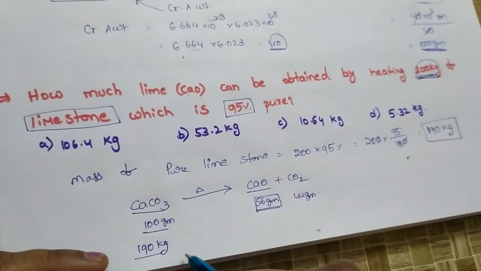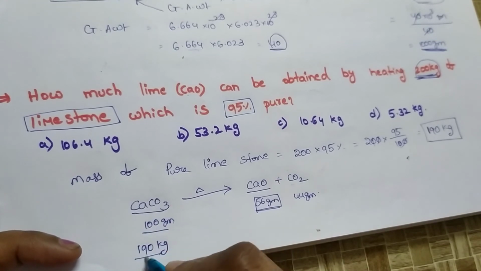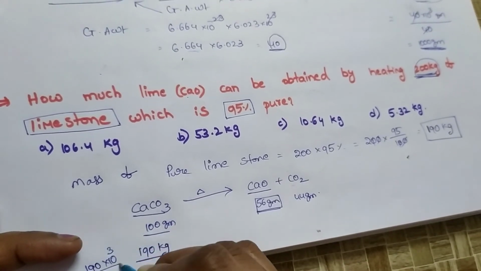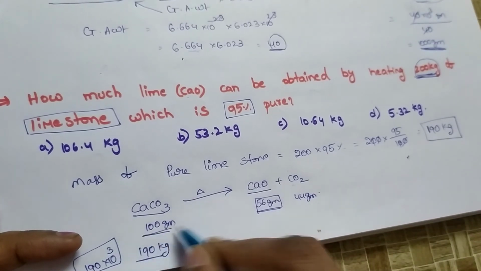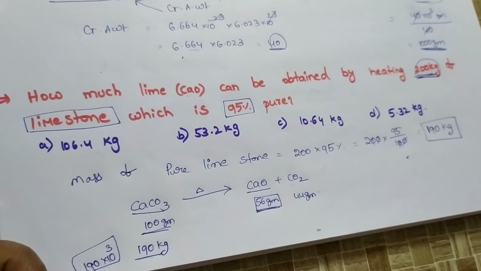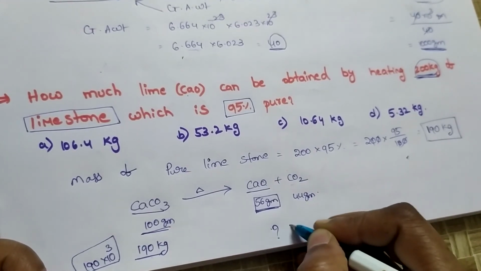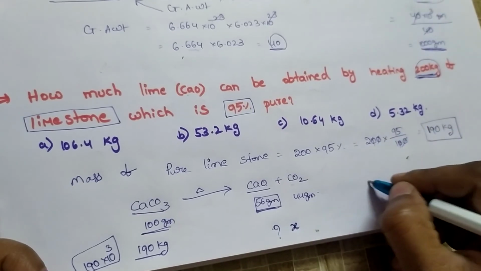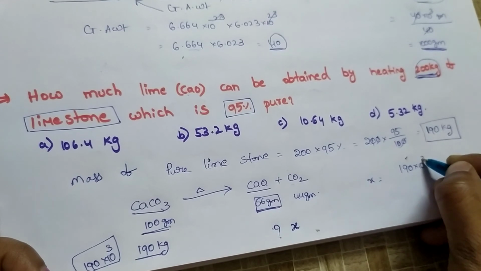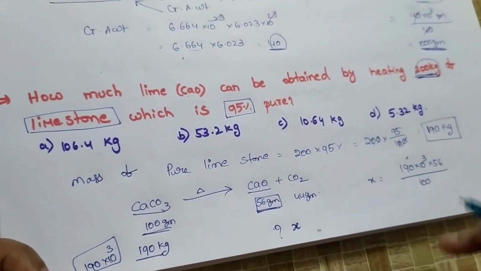If you want to maintain the same units, you can convert this kg into grams. So I'll write this as 190 into 10 cube grams. Then 100 grams is giving 56 grams of calcium oxide, then 190 into 10 cube grams gives how much calcium oxide? Suppose you write it as x is equal to 190 into 10 cube into 56 by 100.